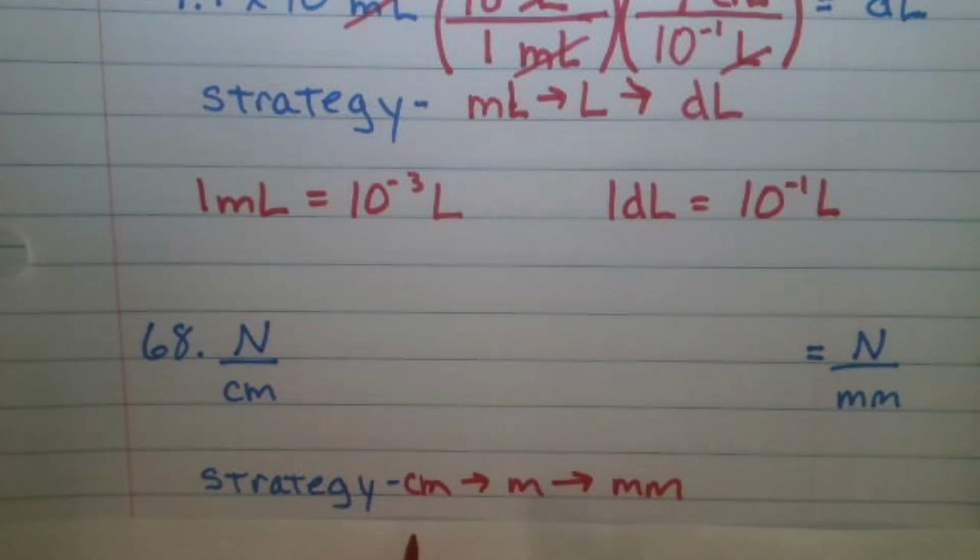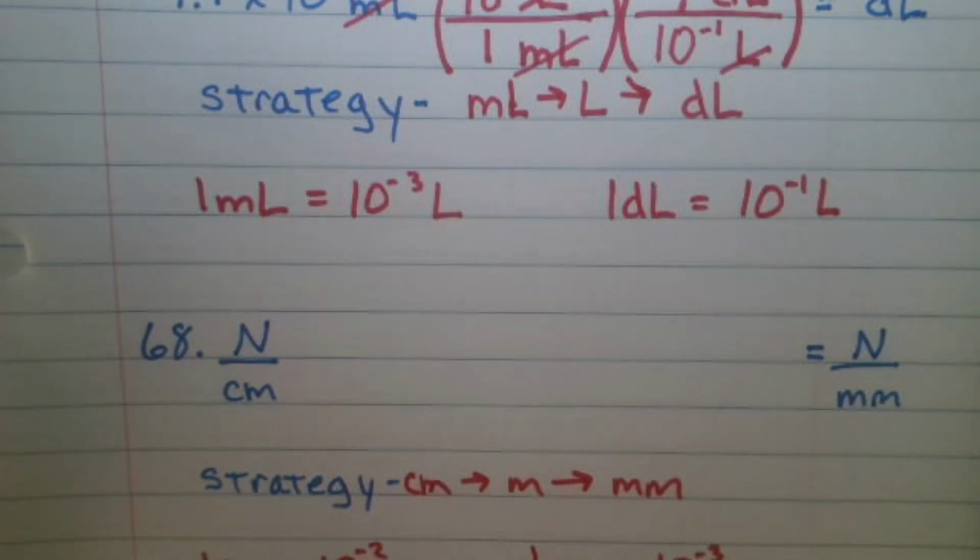So that's my strategy. I'm going from centimeters to meters, and then from meters to millimeters. You may have already noticed that newtons stays the same. So I just have to convert centimeters to meters, meters to millimeters. I'm only worried about the denominator here. I leave the numerator alone.